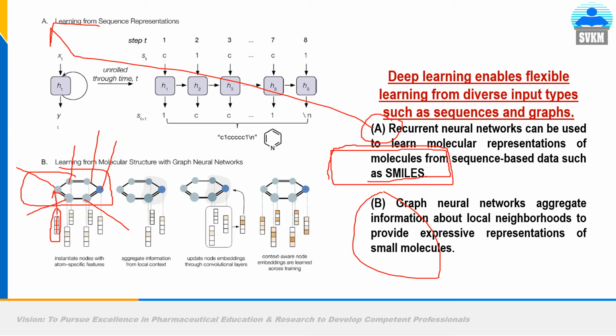Now you are aggregating information from local context. This particular atom's feature vector will be modified based on its immediate neighbors, 1 and 2. So this is the modified feature vector. Ultimately, this will become like this: updated node embeddings through a convolutional layer.